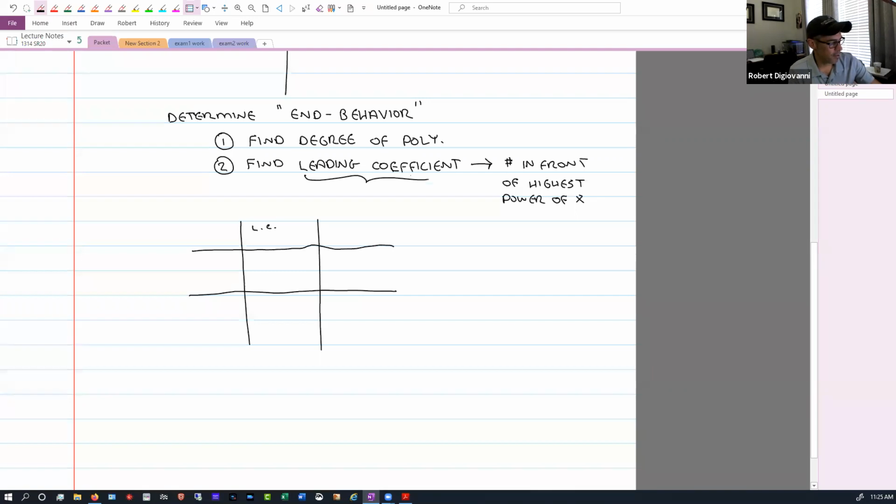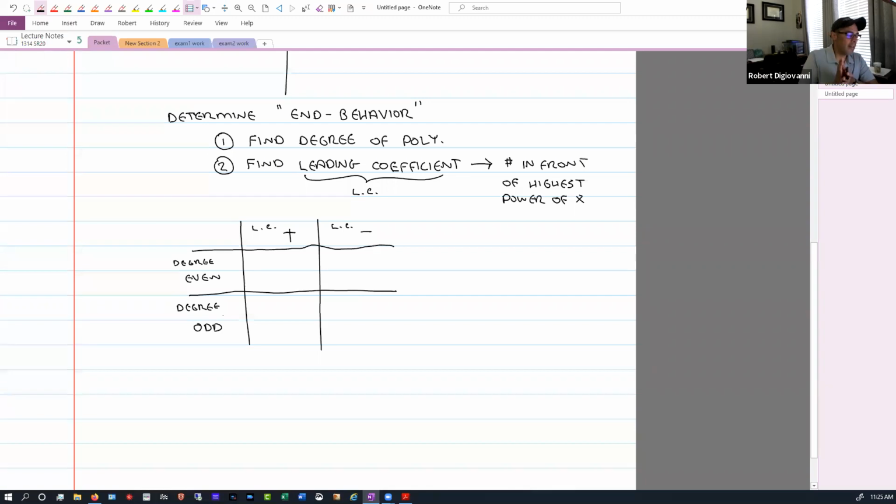So leading coefficient, from now on I'm going to abbreviate LC. Leading coefficient positive, leading coefficient negative. And then on this side, I'm going to put degree even, or degree odd. Okay, so let me explain.